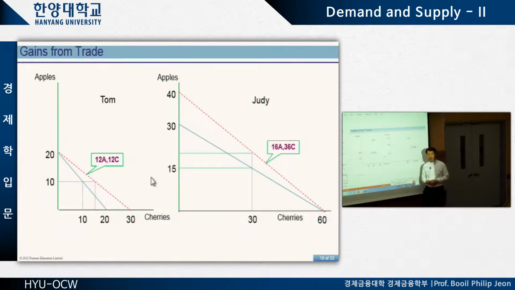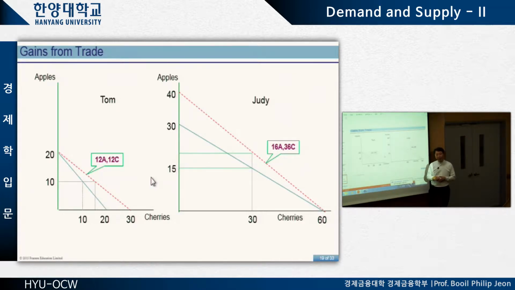Well, what if Judy really wants to consume more than 20 apples? What can she do? She can find somebody else who produces. That's right, exactly.